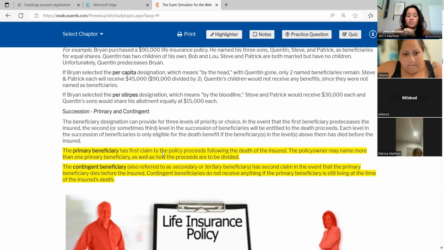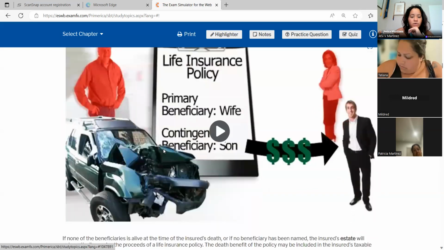It's also referred to as secondary. Again, they only will get the money if the primary beneficiary is not alive. So they have the second claim to it.